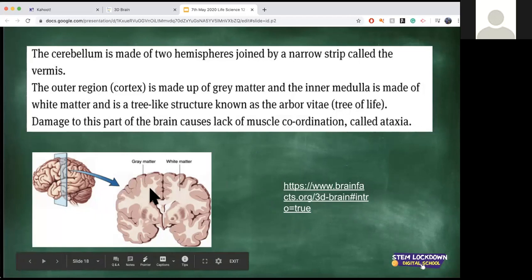Now, this is a cross-section of the brain, so they've sliced the brain, and this is just a diagram, and you can see the white matter is on the inside, and the gray matter is on the outside. Damage to this part of the brain causes problems with muscle coordination, so you won't be as coordinated as before.